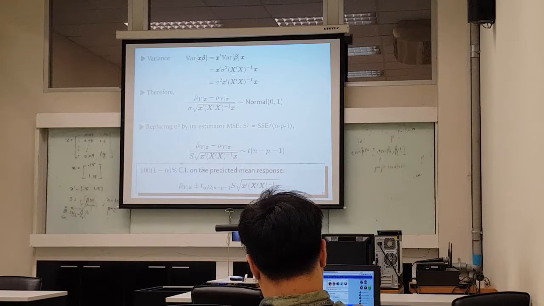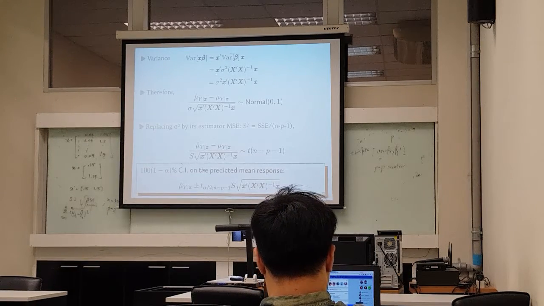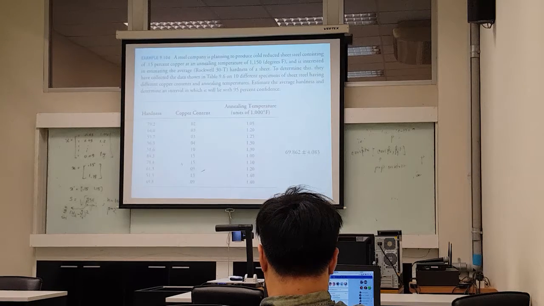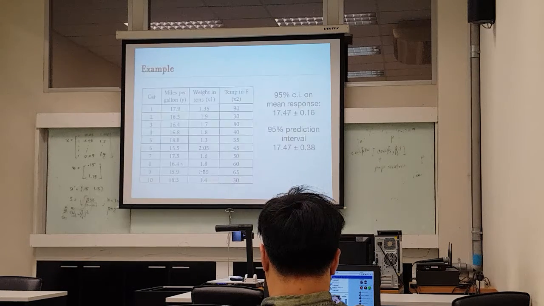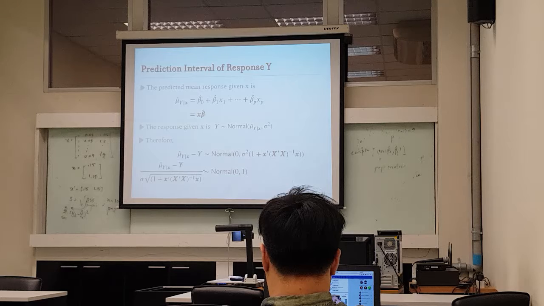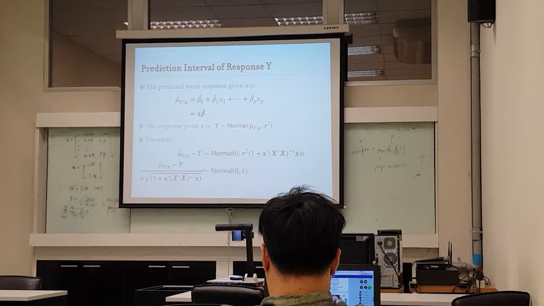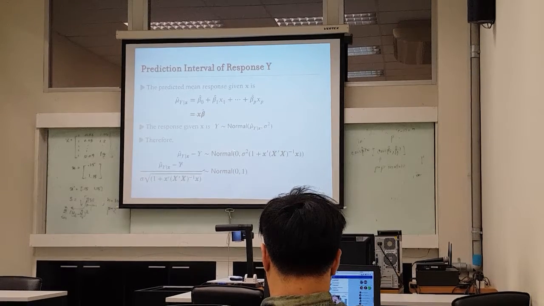This one is the variance of x beta hat. So you get sigma squared plus sigma squared x plus this whole thing. You take sigma squared out, so you get this thing. So this term has a normal distribution with zero mean and this variance.